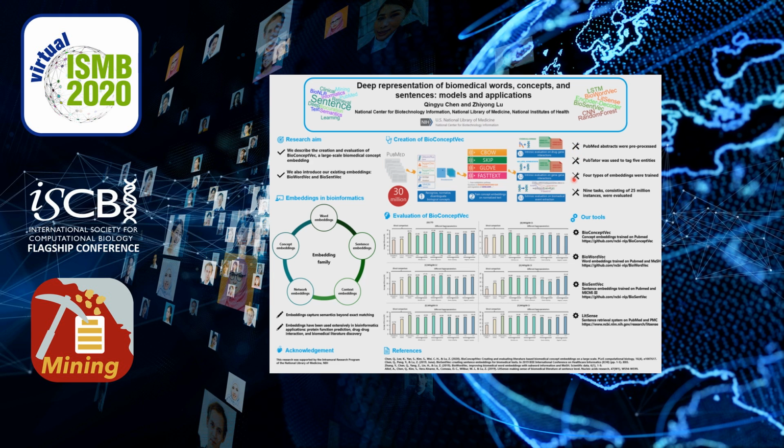After that, we evaluated those concept embeddings on 9 datasets. It includes intrinsic tasks, which means we don't train the embeddings, and directly use the vectors built. We also evaluate on extrinsic tasks, that means downstream tasks. Together, these 9 datasets have 25 million instances for evaluation purposes.